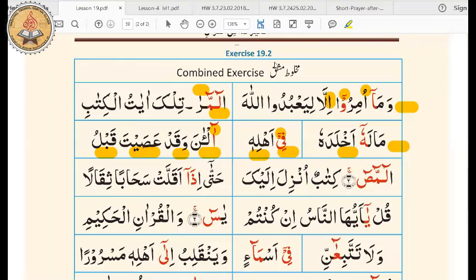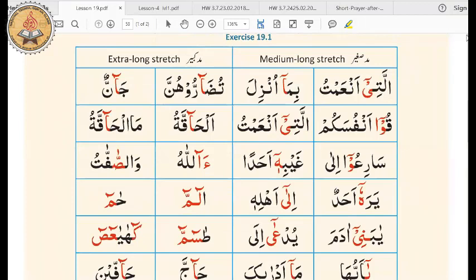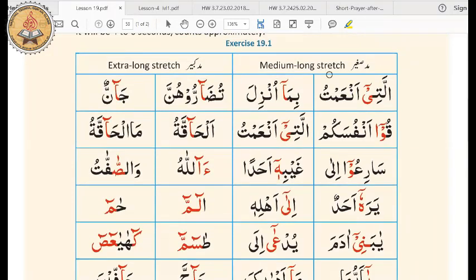This box is, we must be careful which stroke the letter has and how much time we are going to give it. Students are a bit confused about how much time, so I'll quickly explain. When we read the letters having this thin curvy line, which is madda saghira or medium long stretch, we give it minimum 3 seconds or maximum 5 seconds.